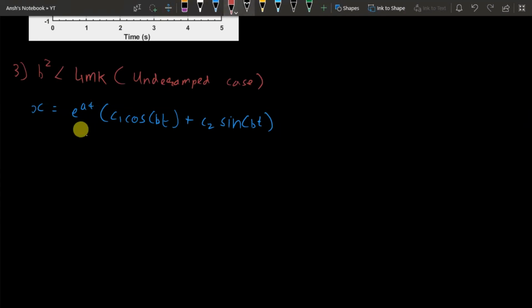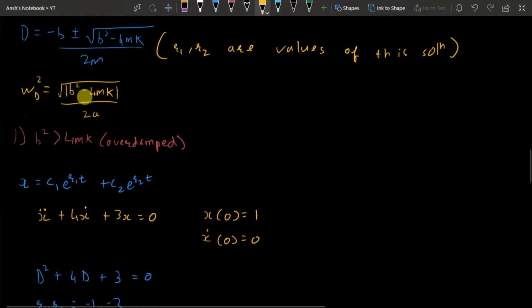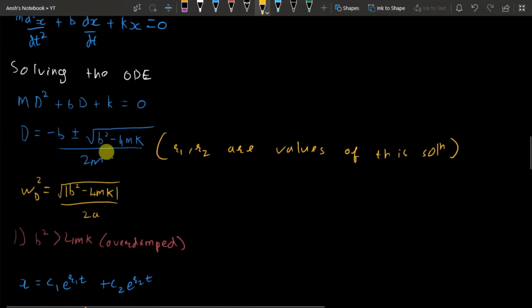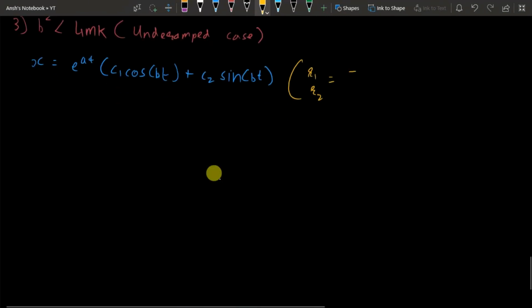To know a and b, we know that our roots r1 and r2 can again be determined right here. The square root of b square minus 4mk over 2m we know is equal to omega d. So the roots of the equation will be equal to minus b over 2m plus or minus i omega d.